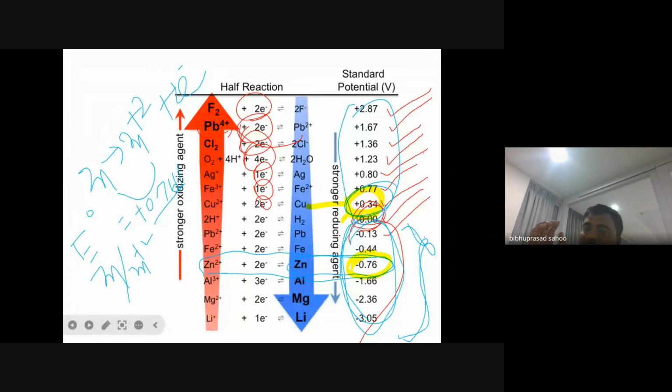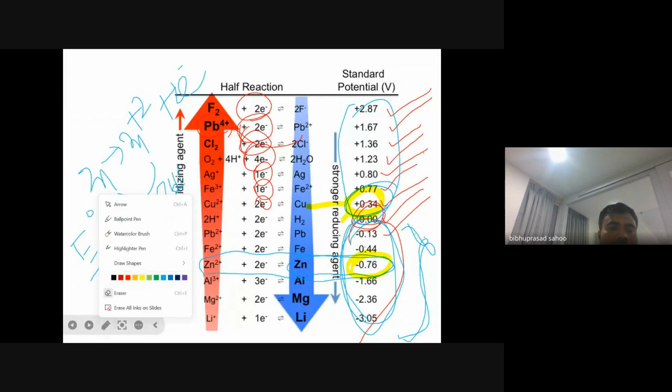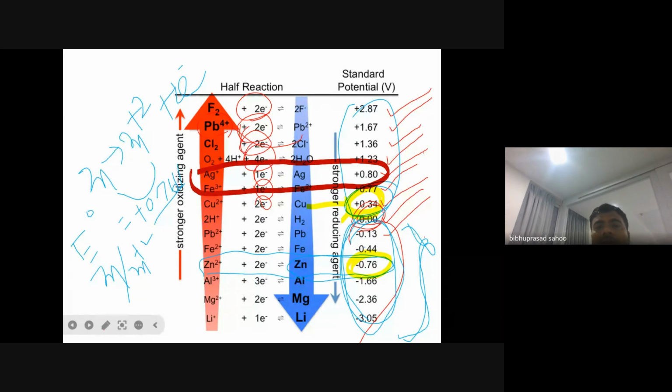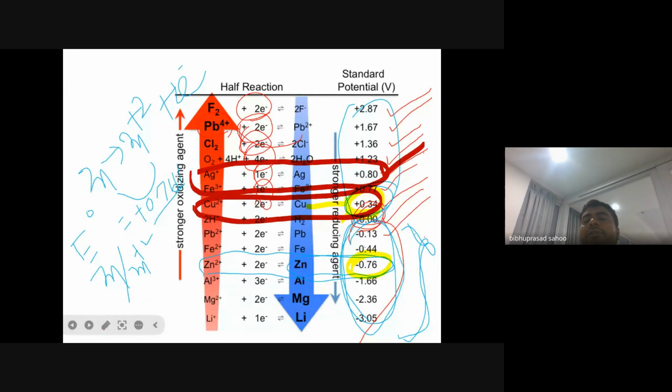But student, at the same time, if your silver possesses positive 0.80 volt and your copper possesses positive 0.34 volt, both possess positive reduction potential.